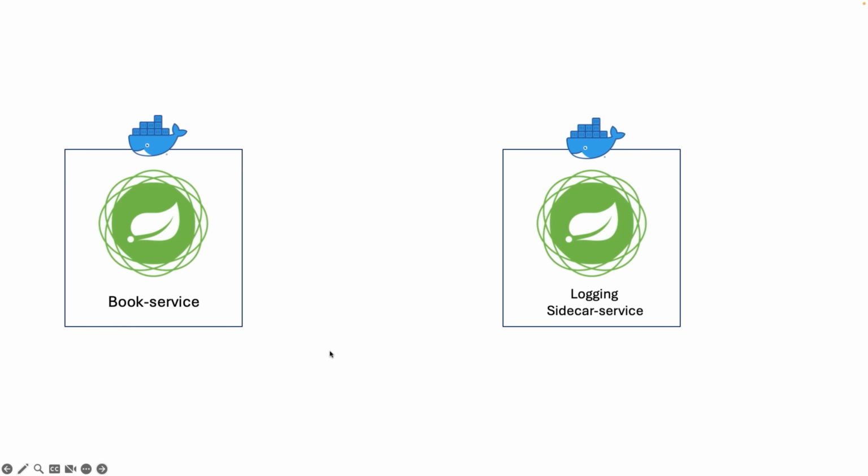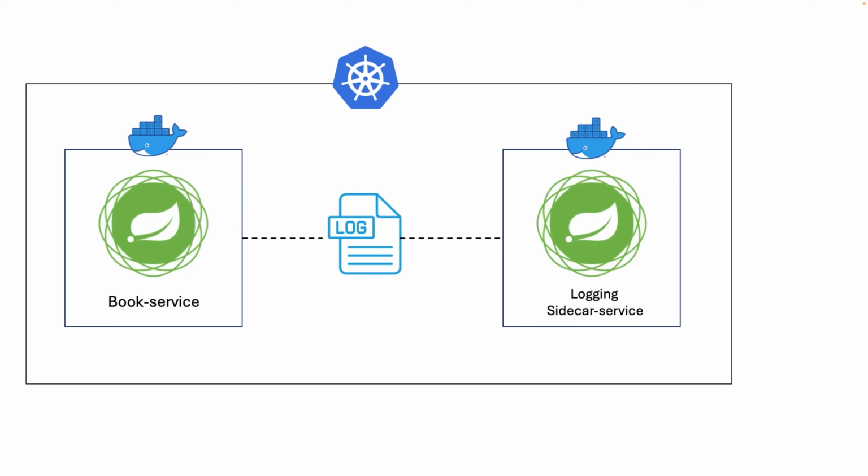Now here book service will write the log to a shared file and the sidecar service will read these logs and send them to a centralized logging system like Elasticsearch or Splunk. It depends on your use case. Finally, we'll use Kubernetes to run both containers in a single pod.